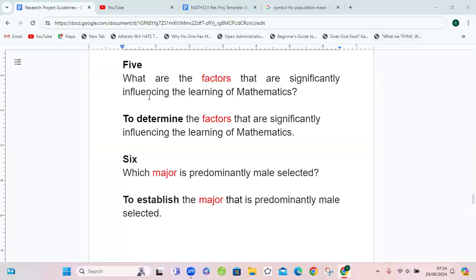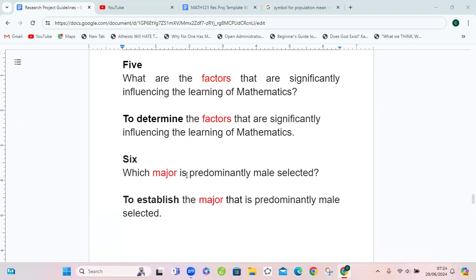So here they are. Number 5. What are the factors that are significantly influencing the learning of mathematics? So factors is a qualitative variable, so that doesn't really require a hypothesis. So we go straight to the objectives. For example, to determine the factors that are significantly influencing the learning of mathematics.